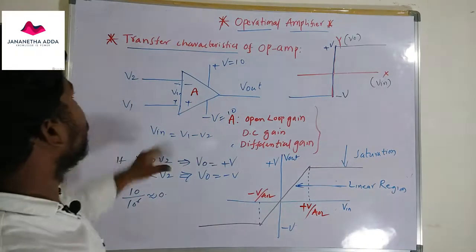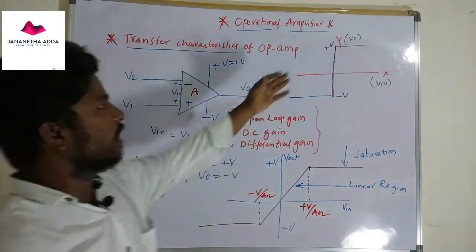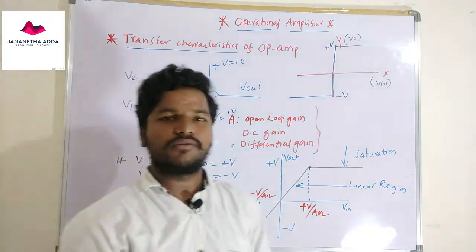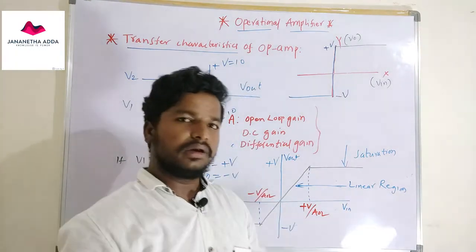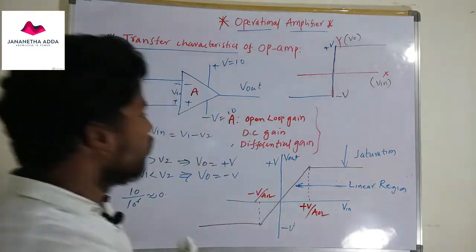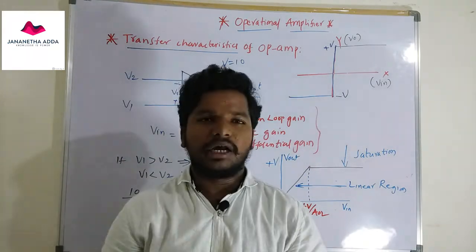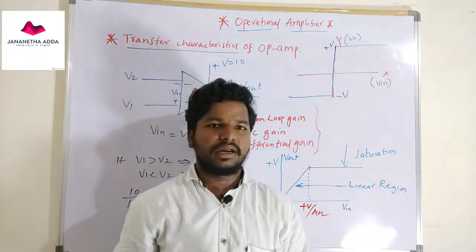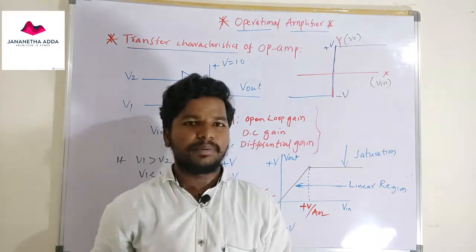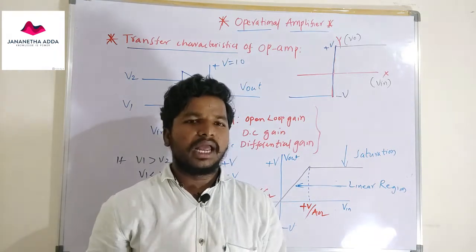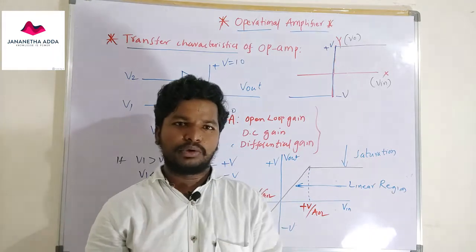So this is about the ideal and practical transfer characteristics of an operational amplifier. By this transfer characteristic we conclude that any practical operational amplifier will not produce an infinite voltage at the output section.